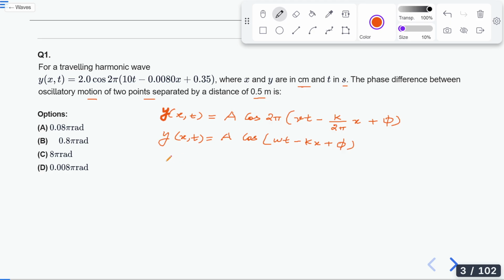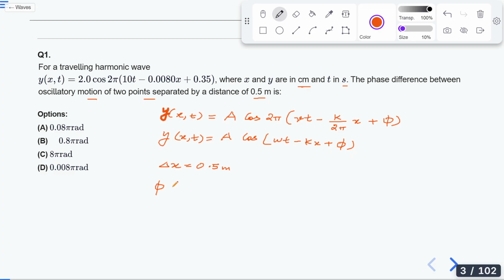It is the path difference, 0.5 meter. That is the distance of separation between 2 points that are oscillating. That means that is the path difference, and we have to calculate the phase difference.